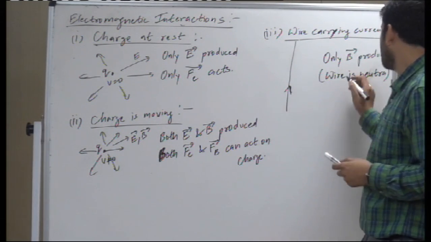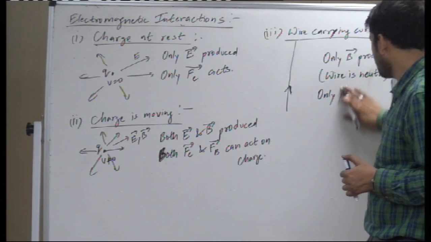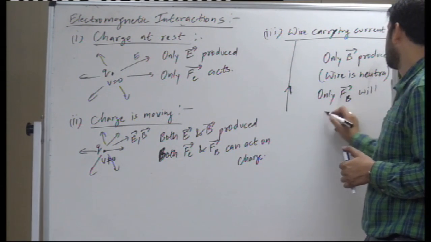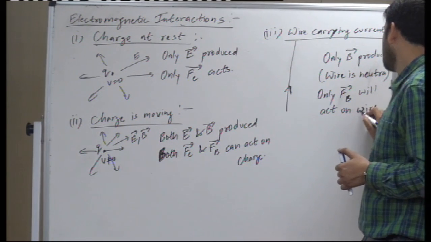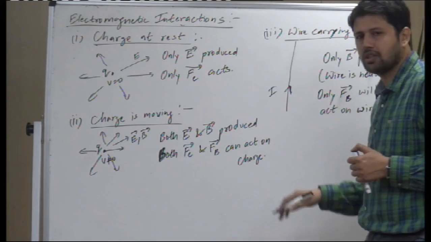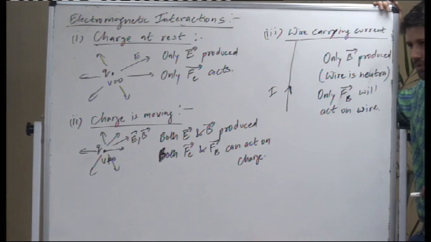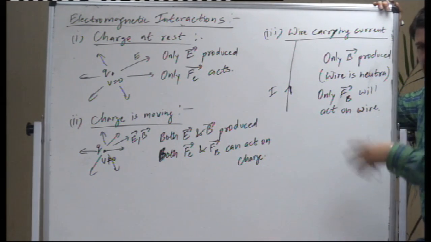So the wire is neutral, only magnetic field is produced, and only magnetic force will act on the wire. Even though it involves moving charges, only magnetic force would be produced, right? Okay, so can we move further?